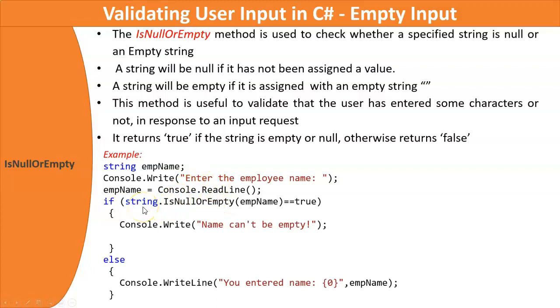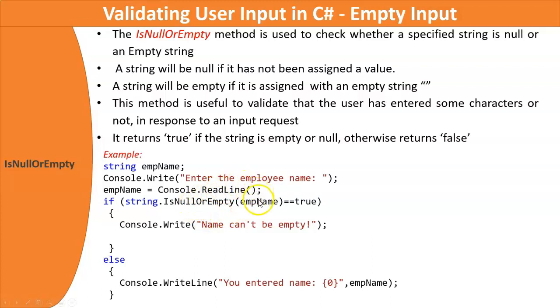Its usage is in this format: String.IsNullOrEmpty(empName). We are going to check whether the variable empName has some value in it or not. Is it a null string or an empty string? In both cases, this should be considered invalid data.